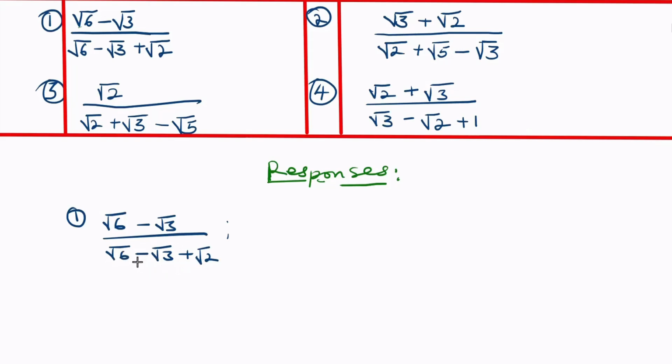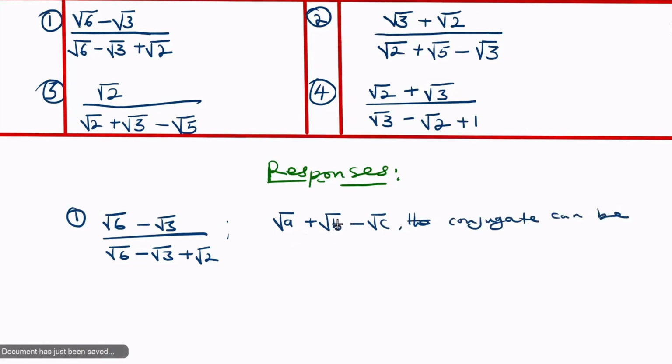And in here, we see we have 3 terms. Assume we have the denominator as the root of A plus the root of B minus the square root of C. We have 3 terms, so we can treat, for example, the first two as 1 term.